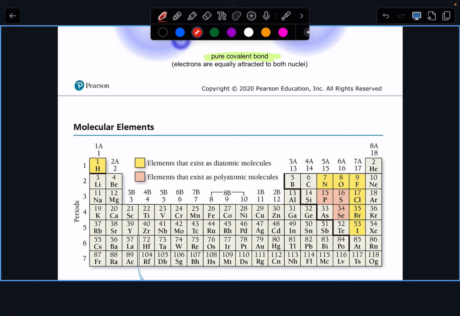But it's the halogens, and then nitrogen and oxygen and hydrogen over there. So those 7 elements will never appear by themselves, like just a single nitrogen or a single hydrogen. They will always come as pairs. So it will be N2 or H2 or O2.